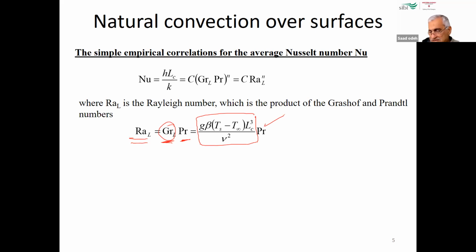Now, why do we need this? Because some of the tables that we're going to use to find the Nusselt number require Rayleigh number, not the Grashof number. So if this is the case, then you need to find the Rayleigh number. If the table refers to Grashof number, then of course simply use the Grashof number, right?